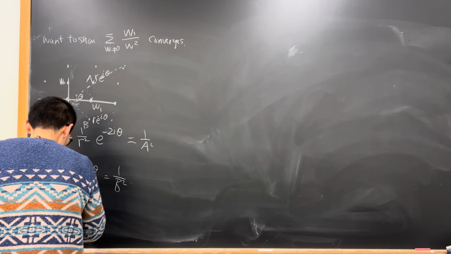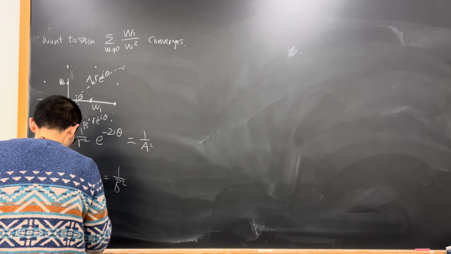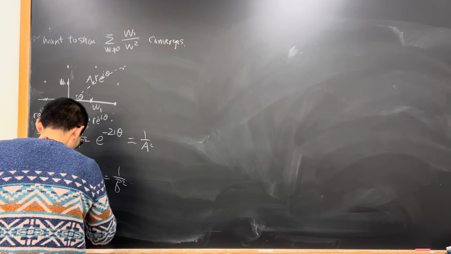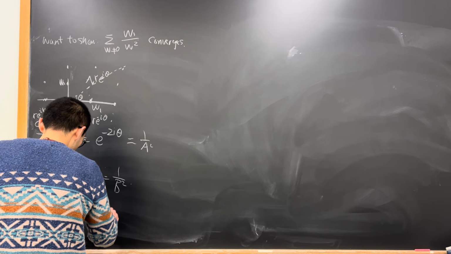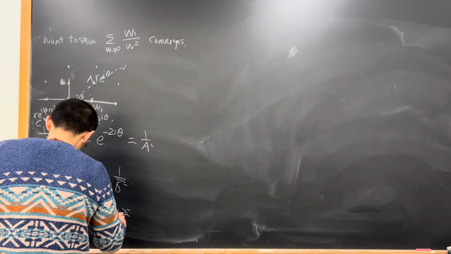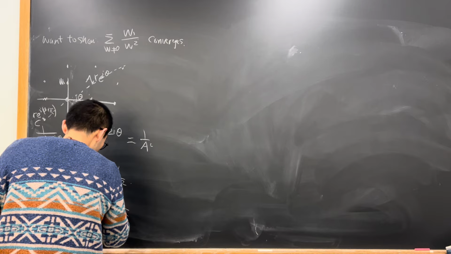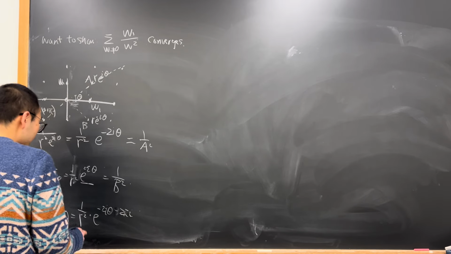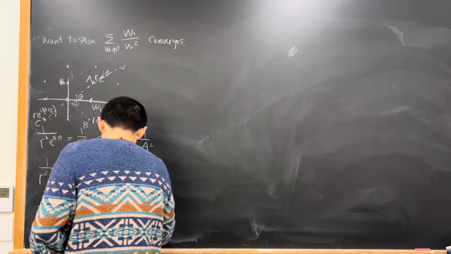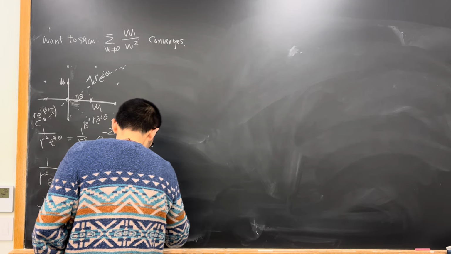So this is equal to 1 over r squared times e to the negative 2i theta plus 2 pi i, minus 2 pi i, which is exactly equal to 1 over r squared e to the negative 2i theta.